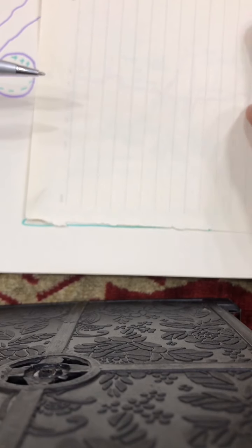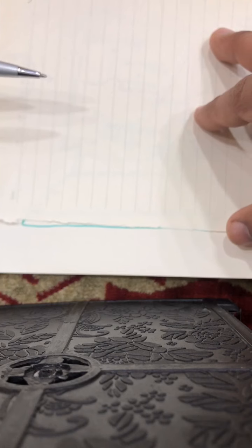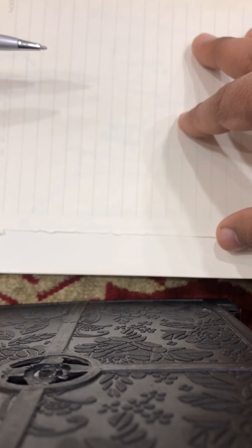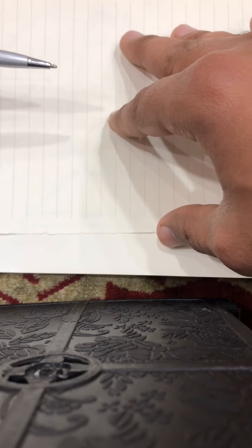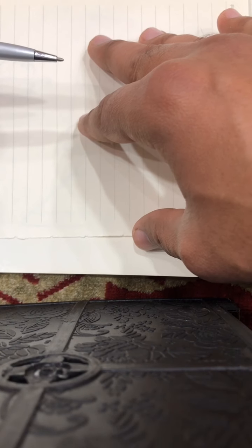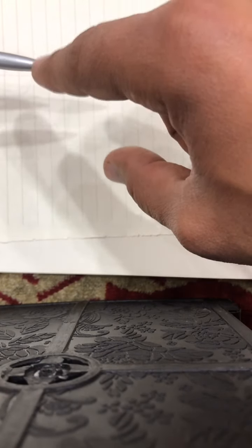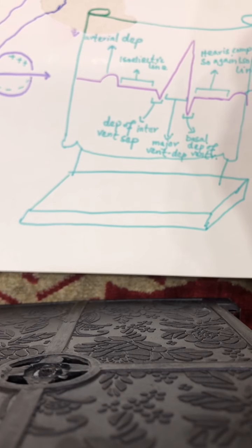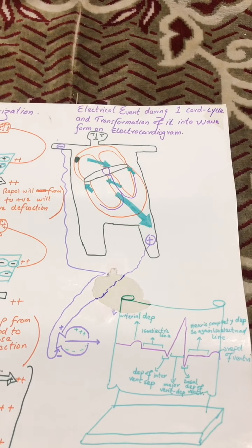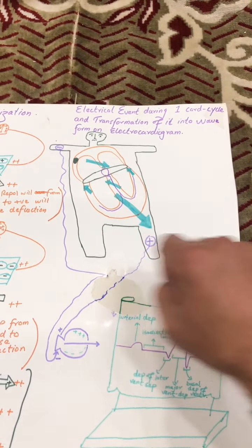So when this paper is constantly moving under this pen, see what will happen when there is positive and negative deflection. See, this paper is moving. A waveform is going to be produced by this ink. On the tip of this ballpoint we have ink, right? So that's how this waveform is going to be produced. Now we have taken a heart inside this human body diagram.